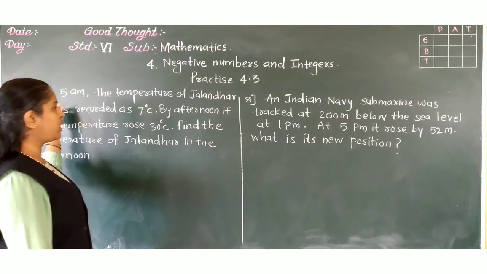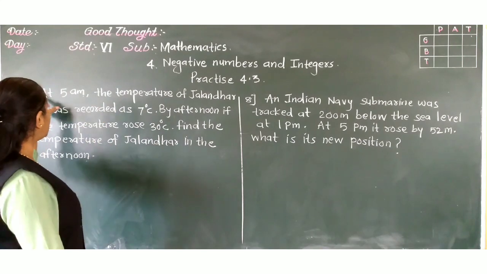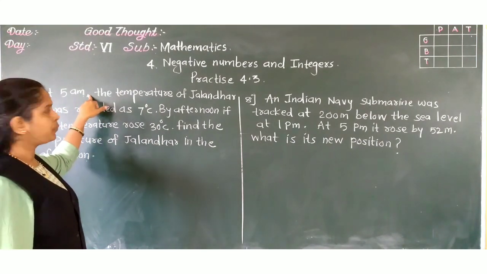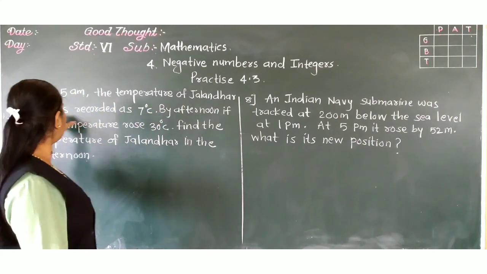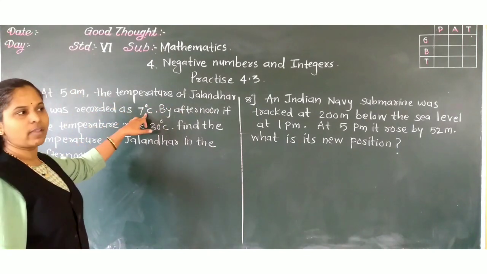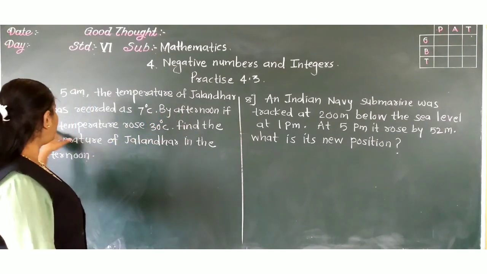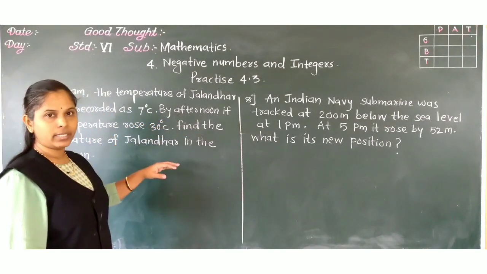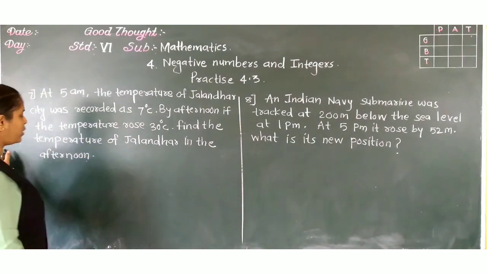Now question number 7, word problems. Questions number 7 and 8 are word problems. In question 7, at 5 a.m., a.m. means morning, the temperature of Jalandhar city was recorded as 7 degrees Celsius. By afternoon, the temperature rose by 30 degrees Celsius. Find the temperature of Jalandhar in the afternoon.